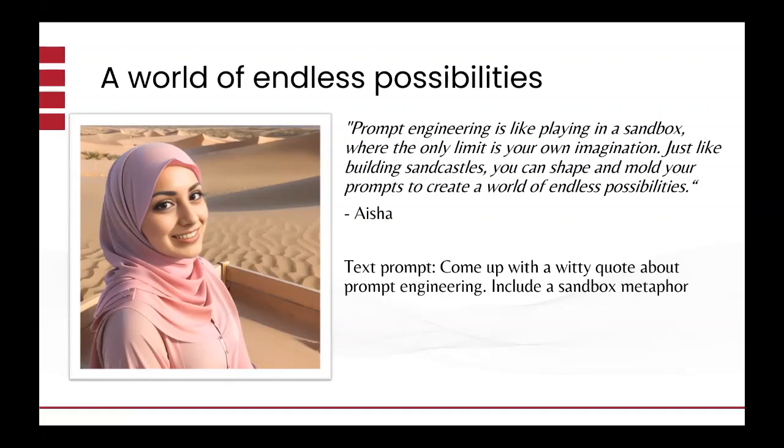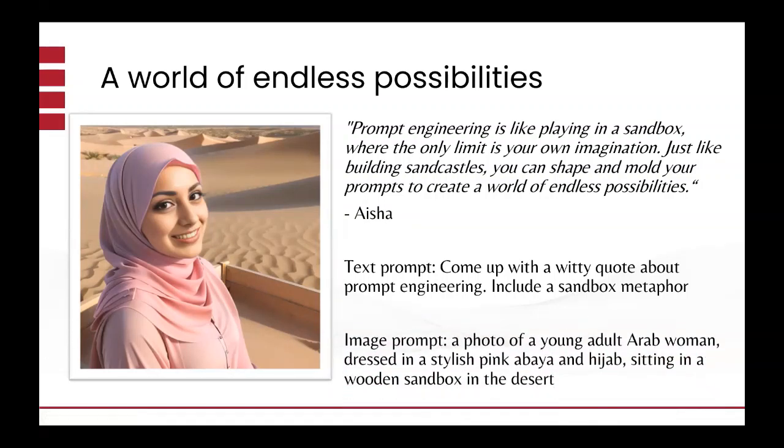And this image prompting is a little bit more complicated. So this is only part of the actual prompt, but you will get the idea. A photo of a young adult Arab woman dressed in a stylish pink abaya and hijab, sitting in a wooden sandbox in the desert.